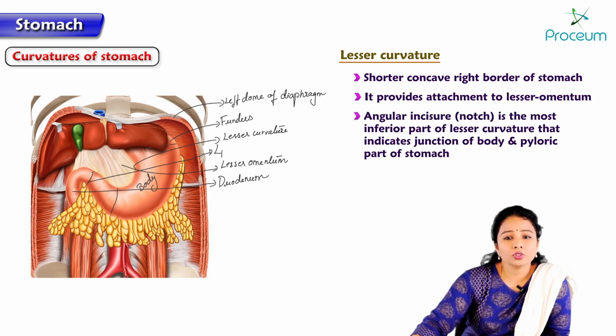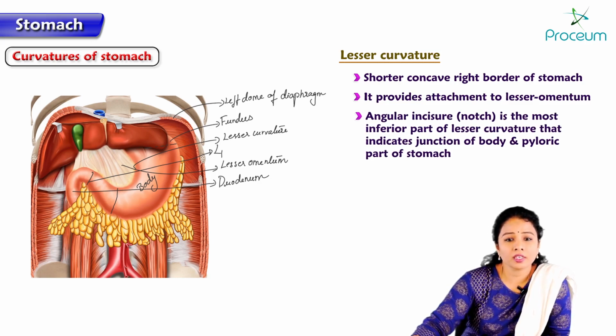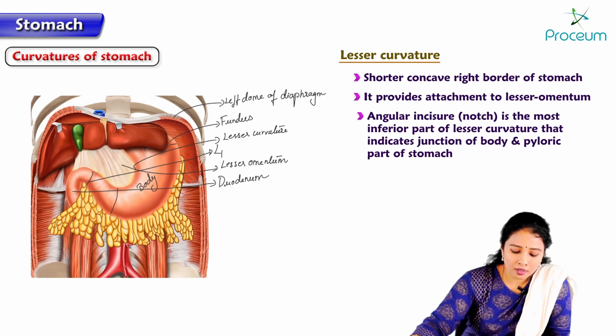The angular incisure is a notch, the most inferior part of the lesser curvature, that indicates the junction of the body and pyloric part of the stomach.